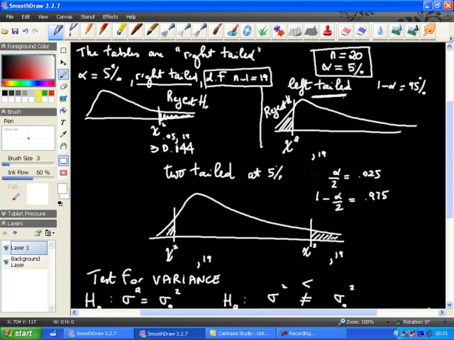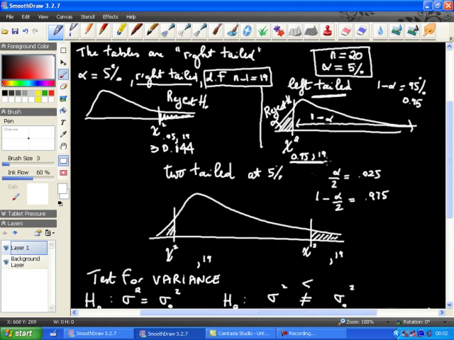Now imagine still at 5% and 19 degrees of freedom, we have a left tail test. So the tables are done on the right. So we need to calculate how much is this part. And because this part here is alpha, this part is going to be 1 minus alpha. And so 1 minus 5% is going to be 95%. And so we'll have to look under the 95% column, or 0.95, and 19.